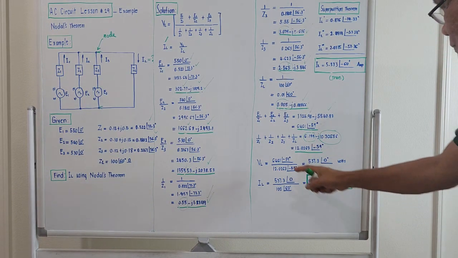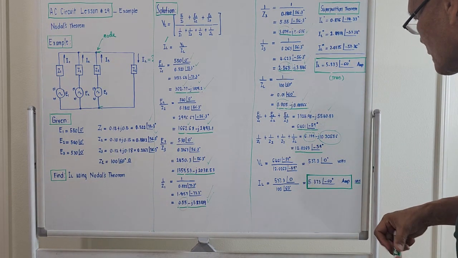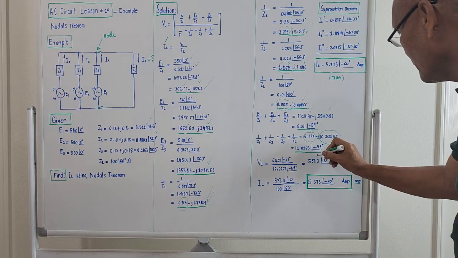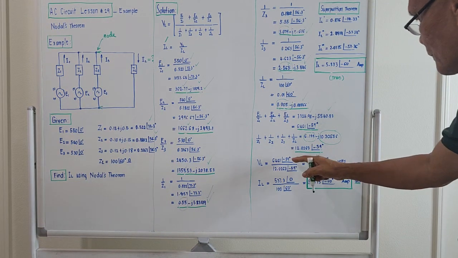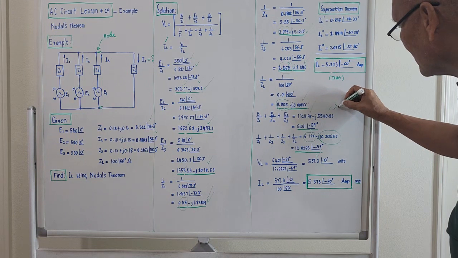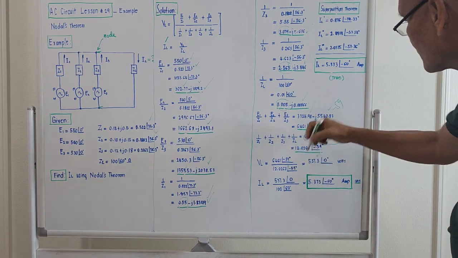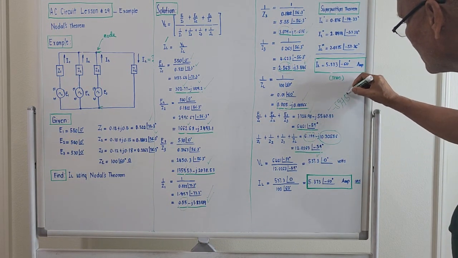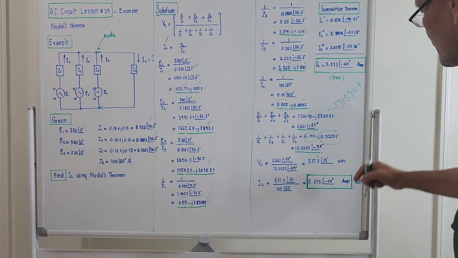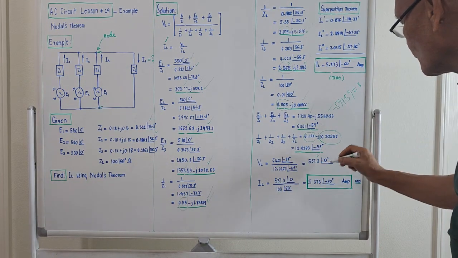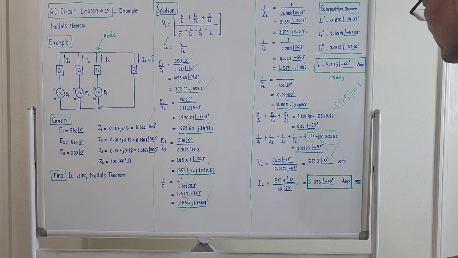Okay? 6461 divided by this is 537.3. Okay? Minus 59, we bring this up, plus 59. The angle will be 0. The angle of B sub L will be 0 degree volt.